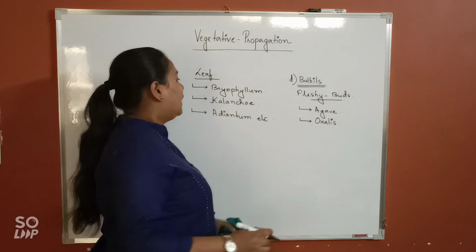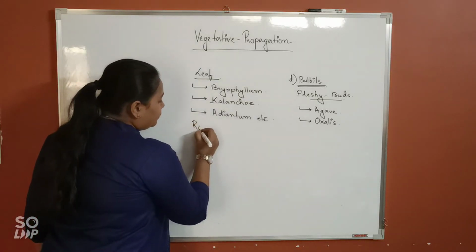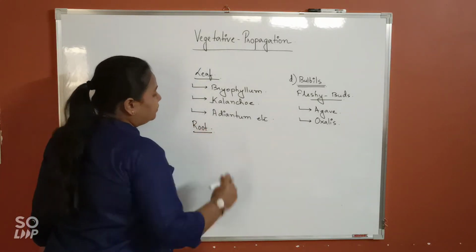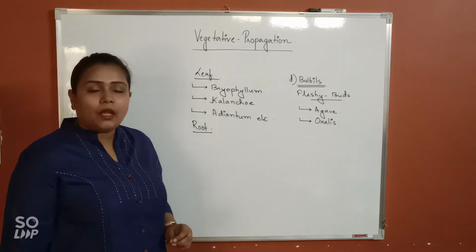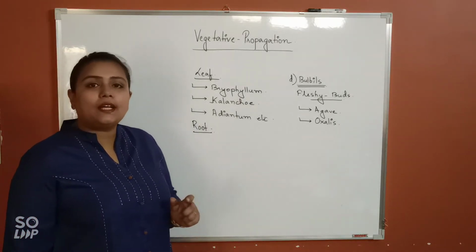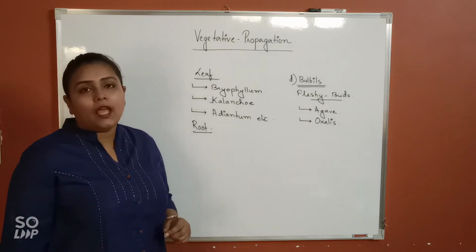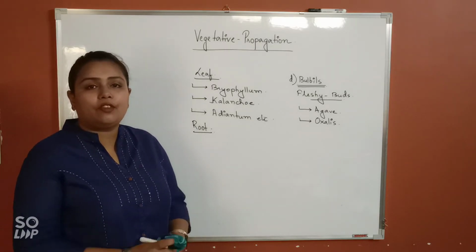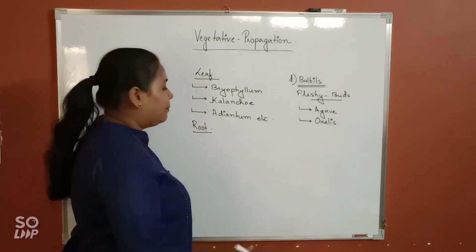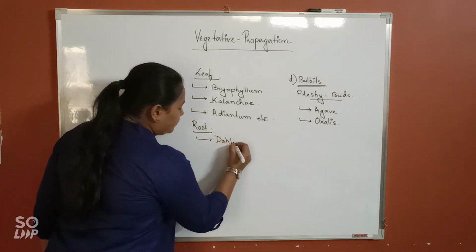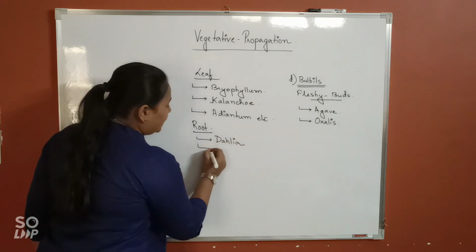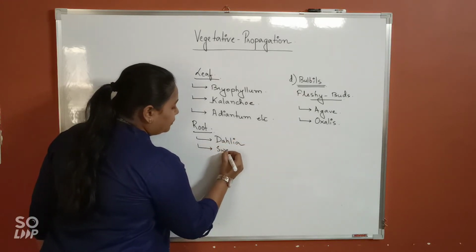Alright? Regarding root, also in root, usually buds are absent. But exceptionally in certain roots, buds may be present, and of course then they will participate in vegetative propagation. For example, dahlia and sweet potato.